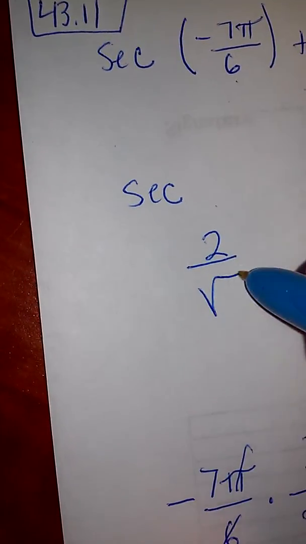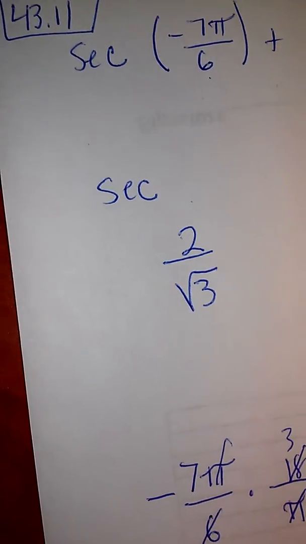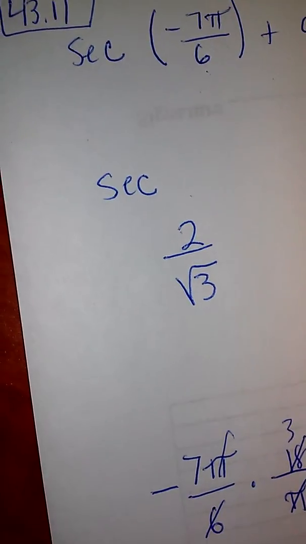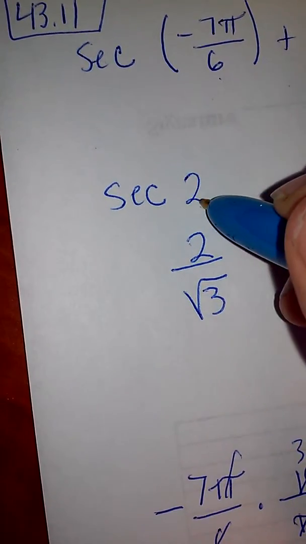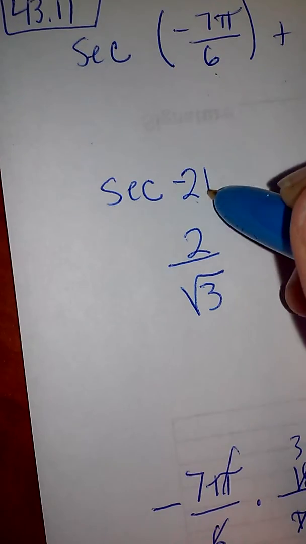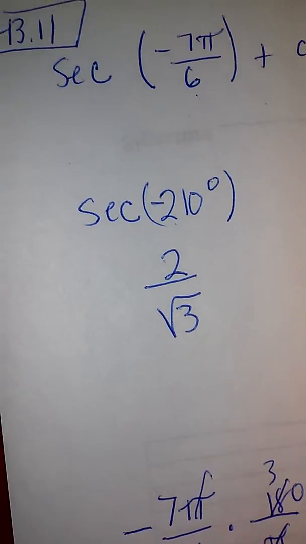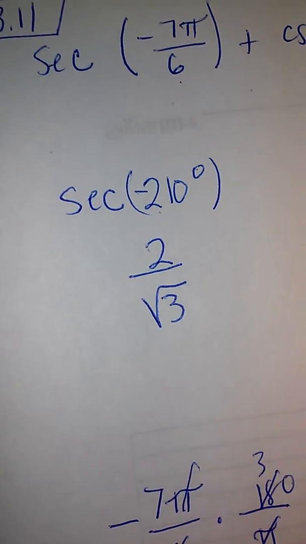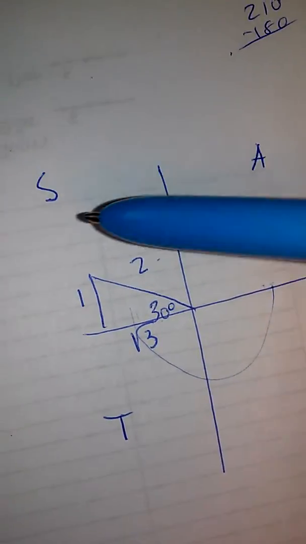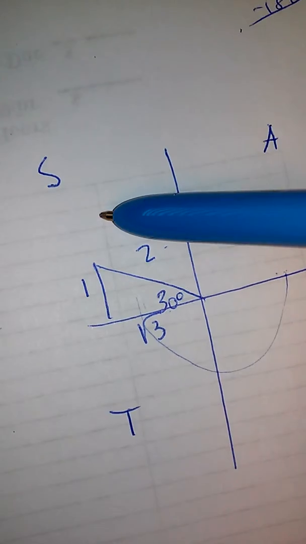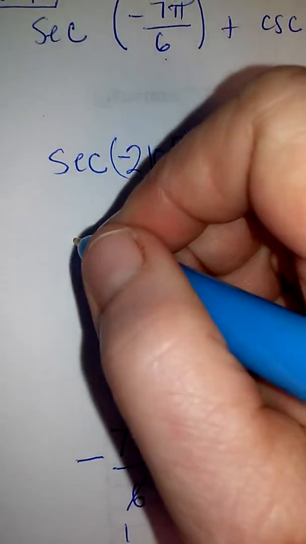Ew, I got a radical. So secant goes with cosine, and it's in quadrant 2. Cosine is negative in quadrant 2, so now I know it's a negative number.